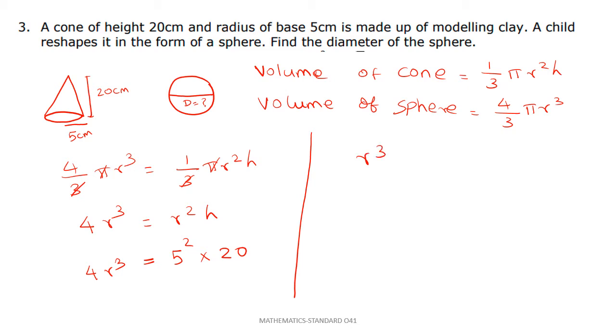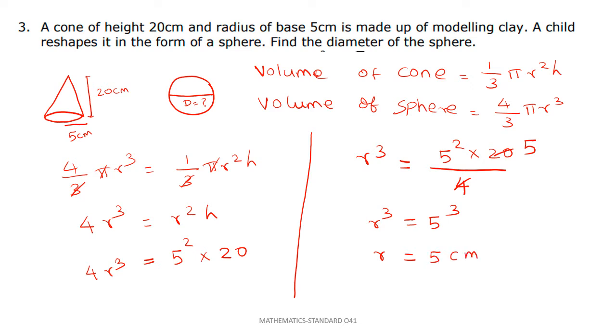As r cube is our hero, let it be on this side. Let's take 4 to the other side, the multiplication will become division. So 4 and 20 become 5, since 5 fours are 20. So r cube is 5 cube. Very easy, children. Now what will be the r value? R will be 5 centimeter.